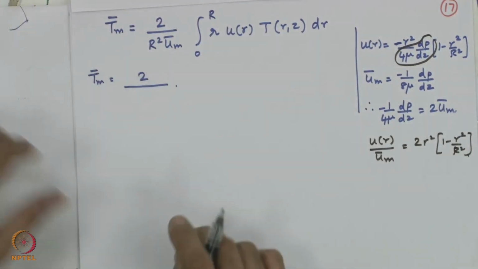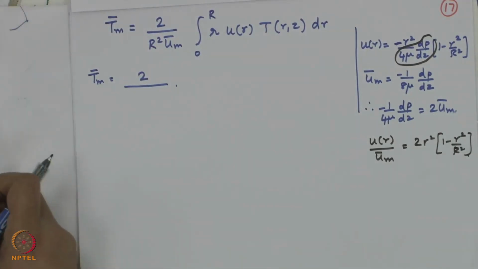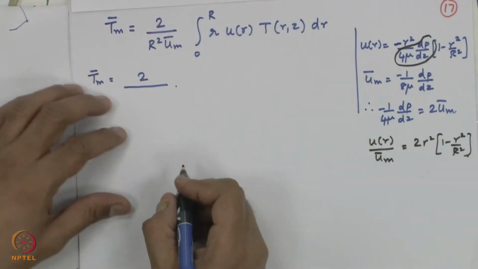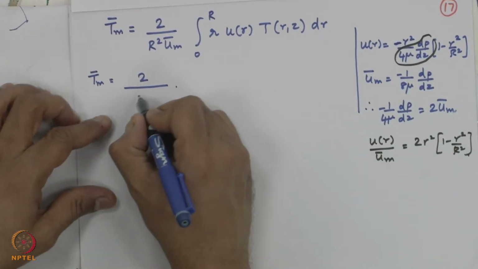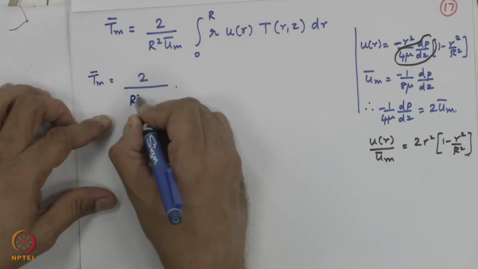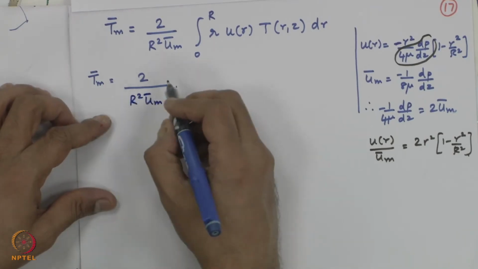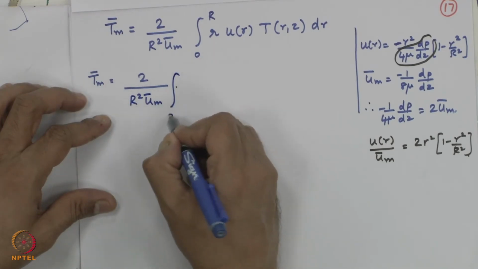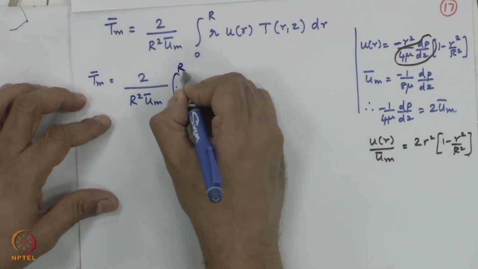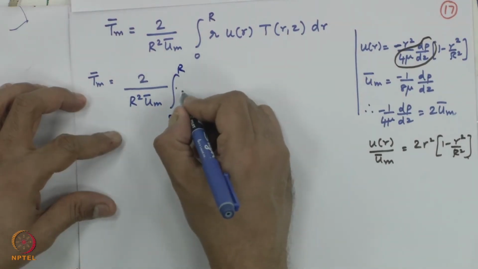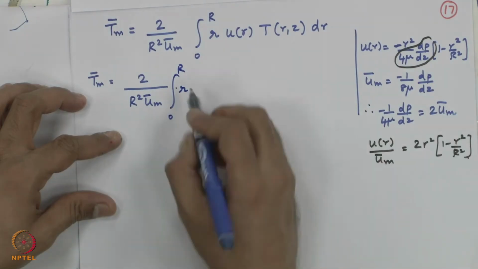So, if I substitute for all this, I write r squared u bulk mean integral as nothing but 0 to R of u max.